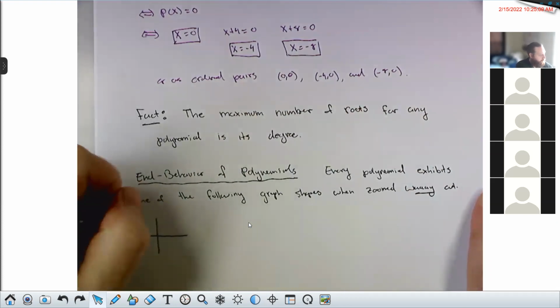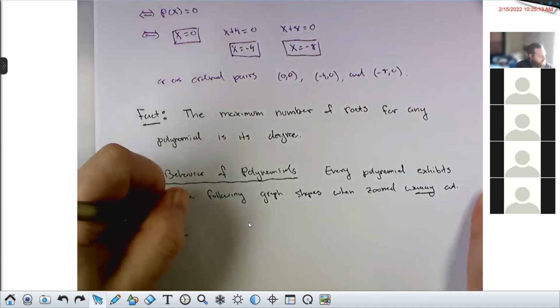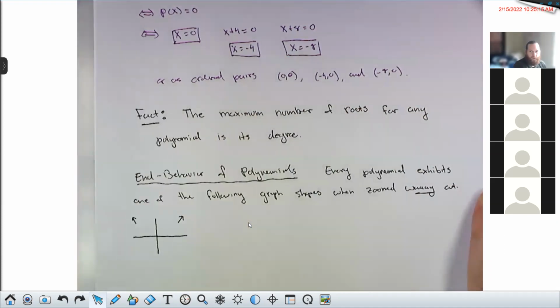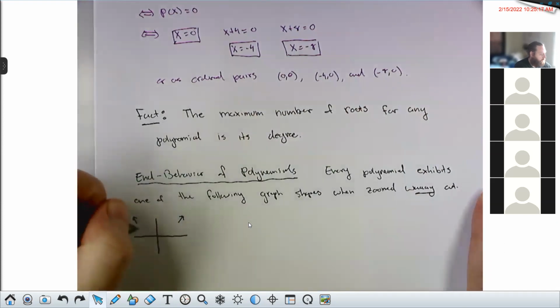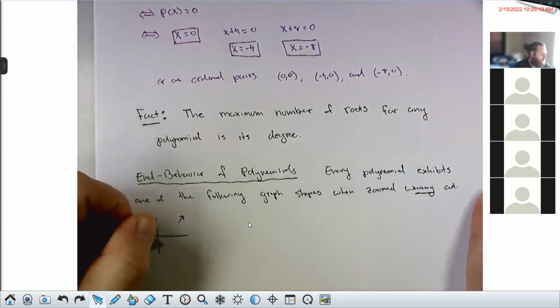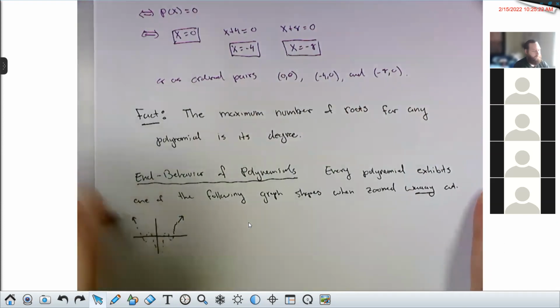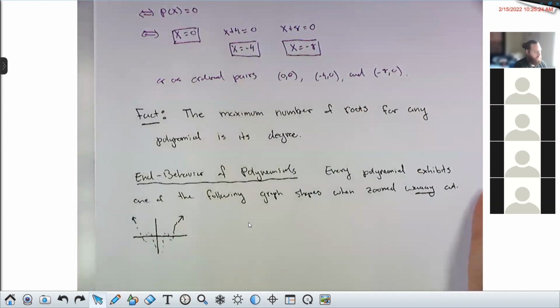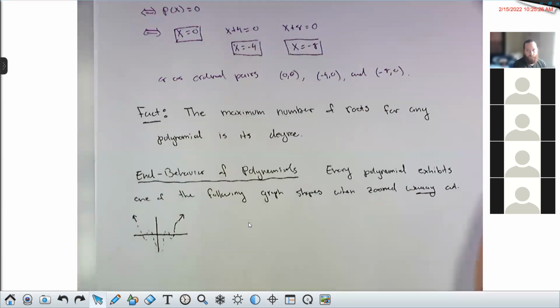You could have a polynomial where when you zoom way out, the graph points up on both sides. And it could do all sorts of bizarro stuff inside here. Who knows? But when you zoom way out, the graph points up on both sides, just like x squared.